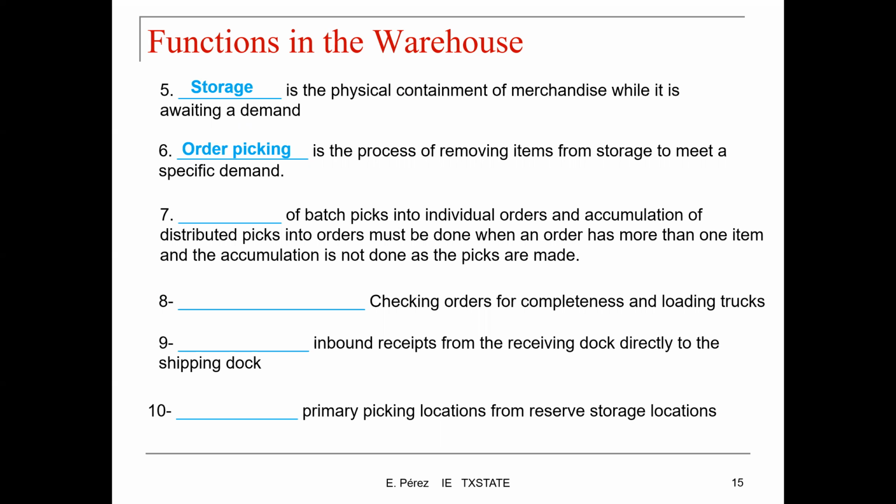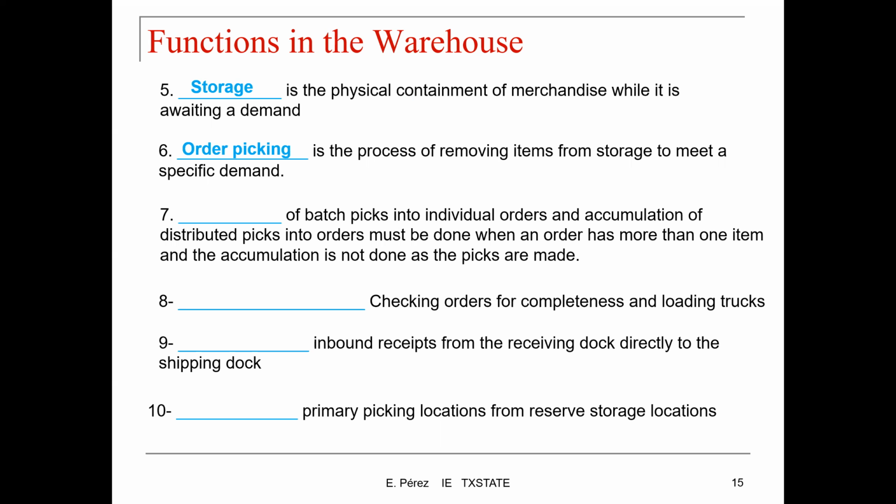Like for instance, if you go to the warehouse in San Marcos for HEB, the customers for this warehouse are the supermarkets. So they will get orders from the supermarkets telling them, okay, I'm low on, let's say, paper towels, or I'm low on produce, or I'm low on, I don't know, soap.